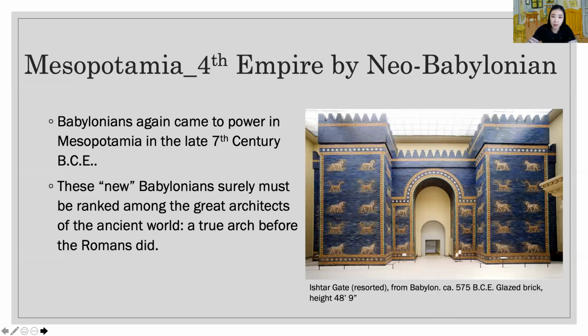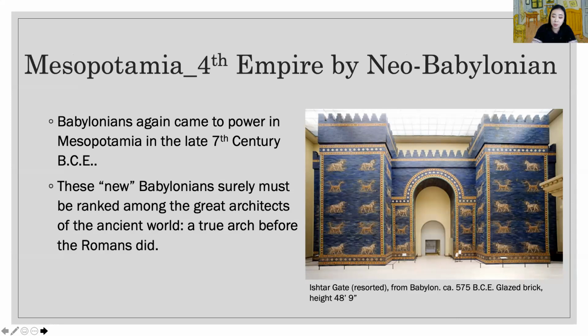And the last empire was by the Neo-Babylonians. The Babylonians, again, came to power in Mesopotamia in the late 7th century BCE, and they formed a kingdom now called the Neo-Babylonian.